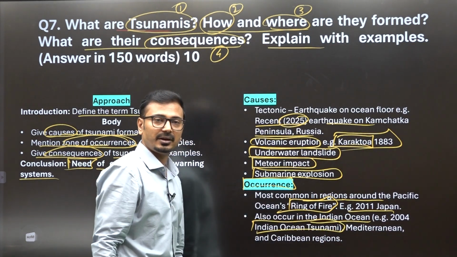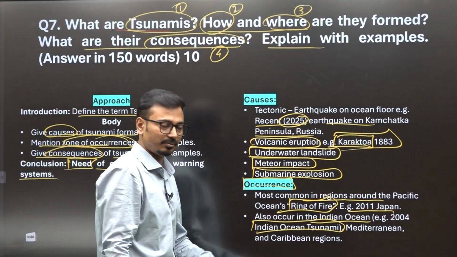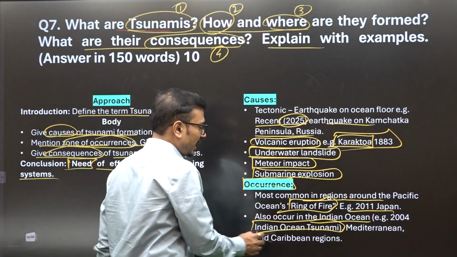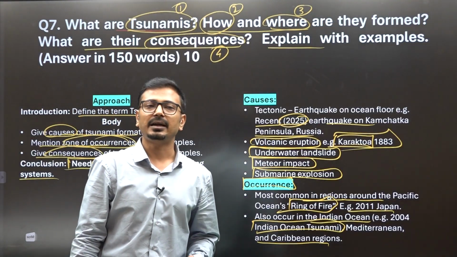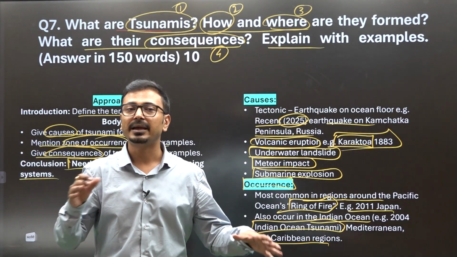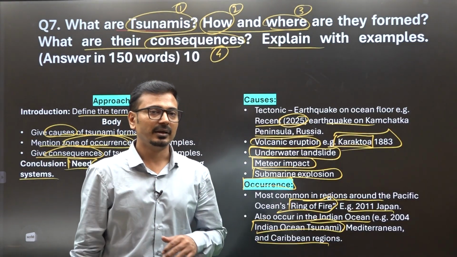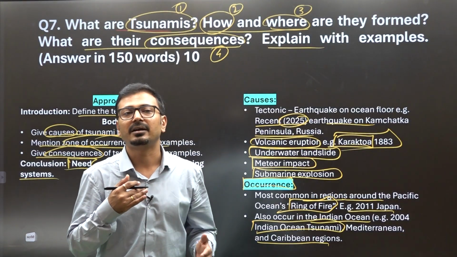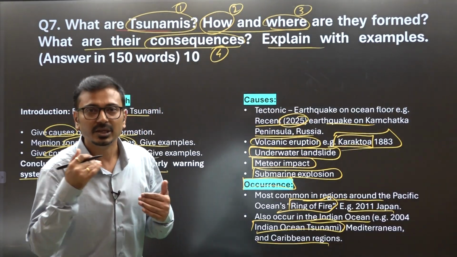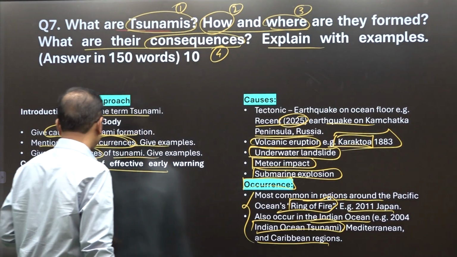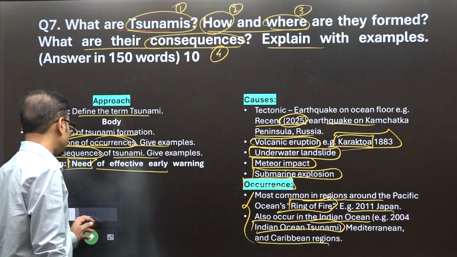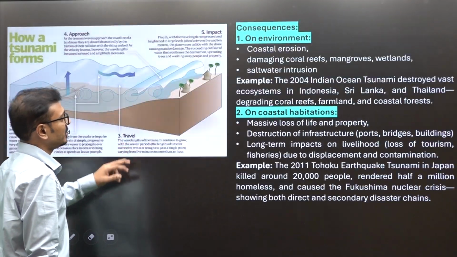Look at the way we are giving supporting examples. The Mediterranean and Caribbean regions are also prone to tsunamis. Why? Because the plates are interacting there. In the Mediterranean, the African plate is subducting under the Eurasian plate, and that's why it is always prone to tsunami. So the occurrences, where they are formed, you can mention like this.